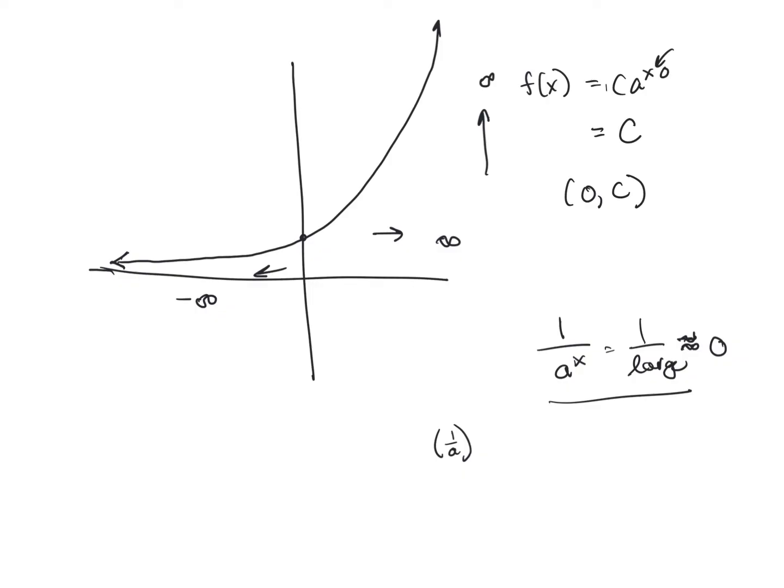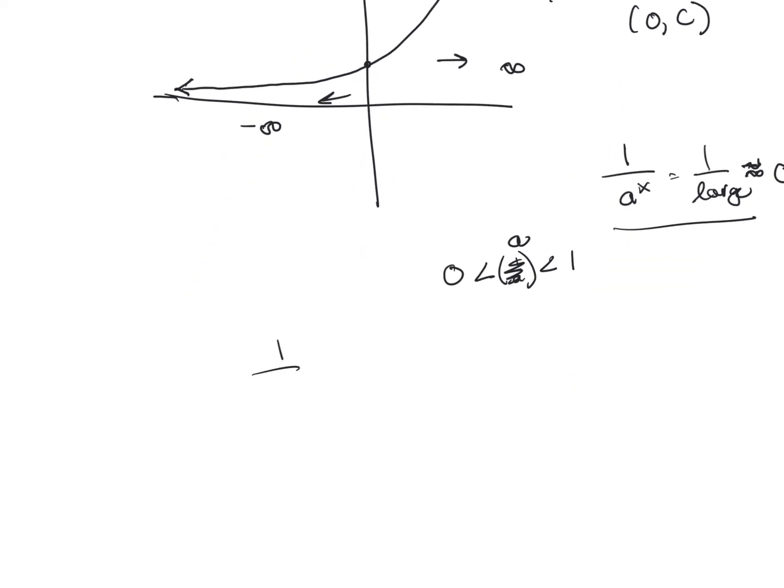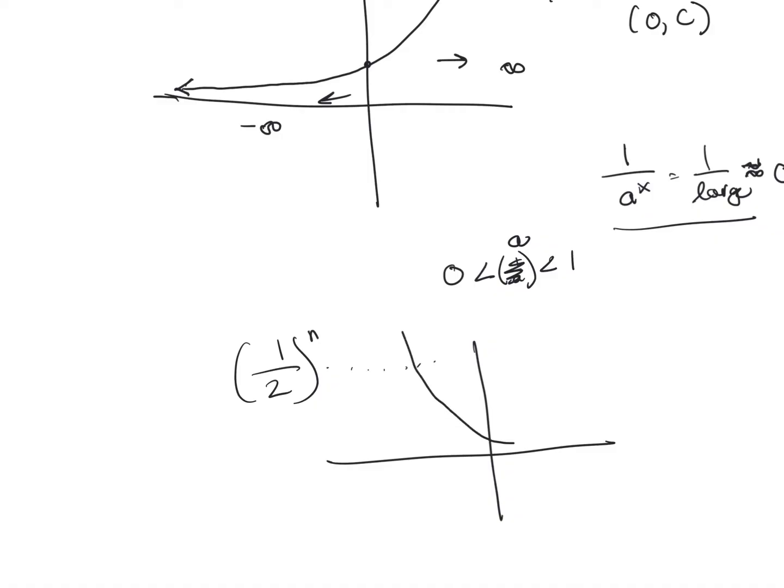Then you're taking a fraction and multiplying it by itself over and over again, and it becomes smaller. So what that does is it flips your graph to go this way. If a is a fraction, it's going to get smaller and smaller as x gets bigger. Okay?